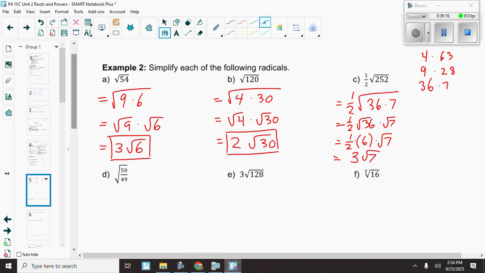So maybe if you need to, write a note to yourself and remind yourself that the number coming out of the radical sign gets multiplied by the coefficient.